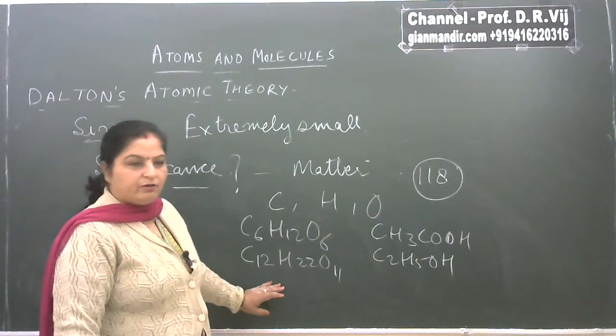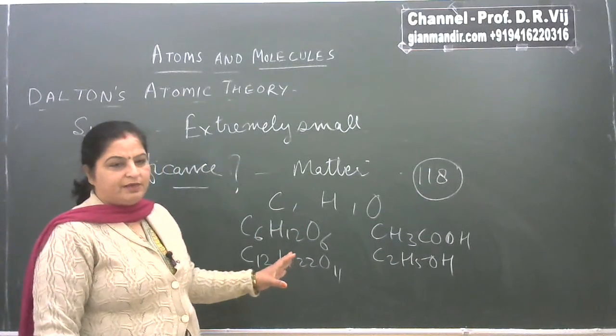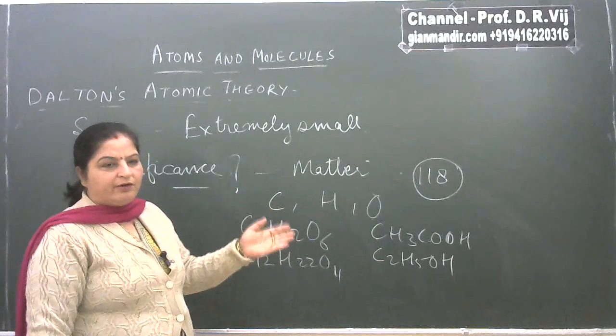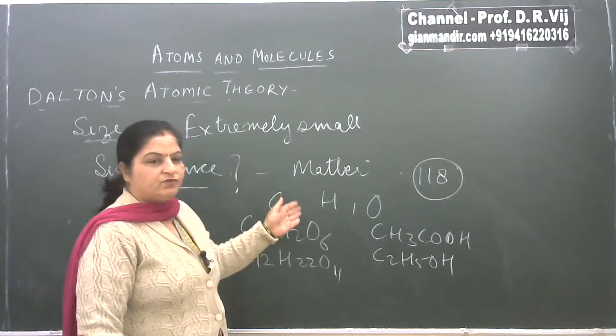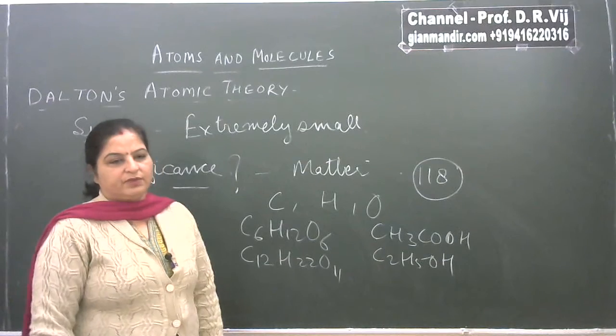So here you have seen just a small example. I have just taken the small example. There are again a number of compounds which are obtained by different types of combinations of these elements, carbon, hydrogen and oxygen.